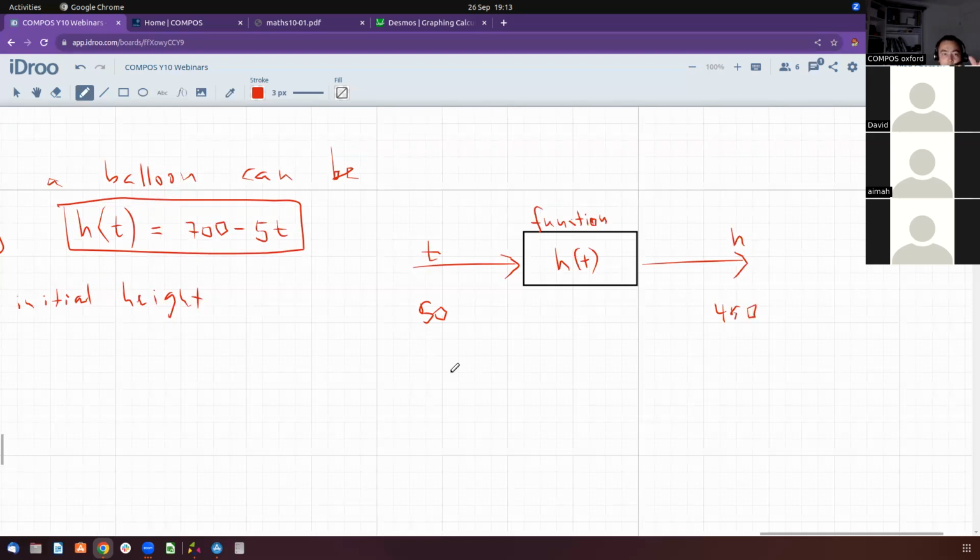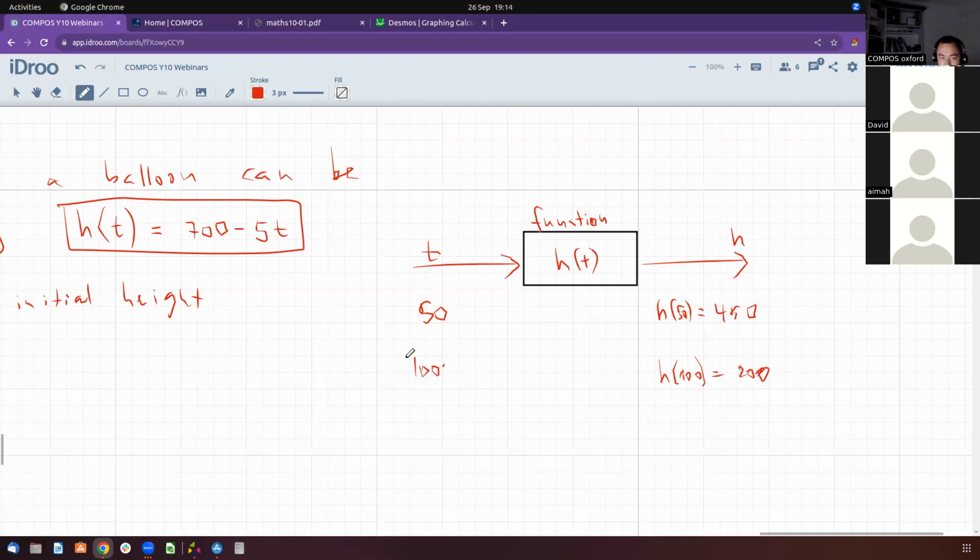You say, what is the height at 100 seconds? So h of 50 is 450. H of 100, the height at 100 seconds, is 200.